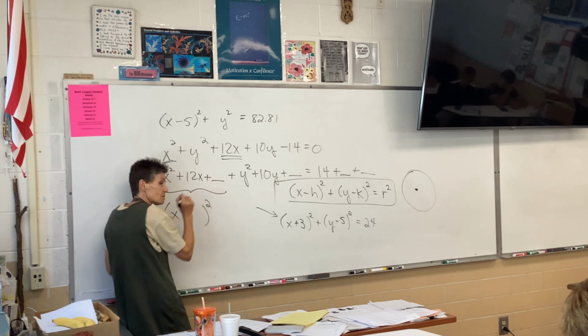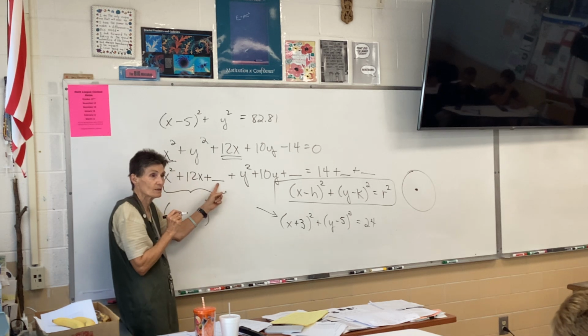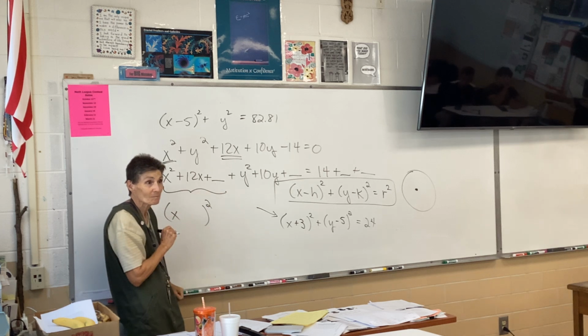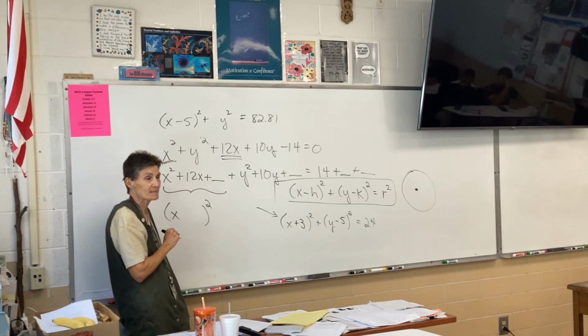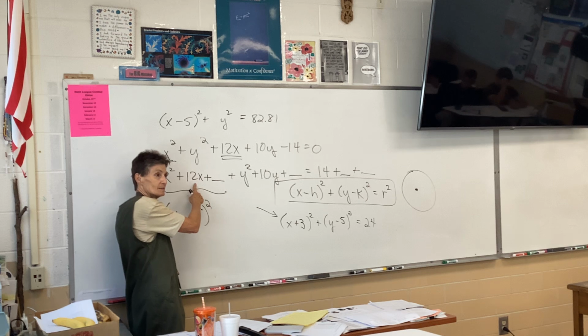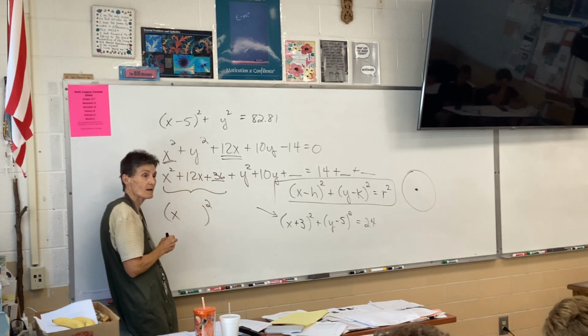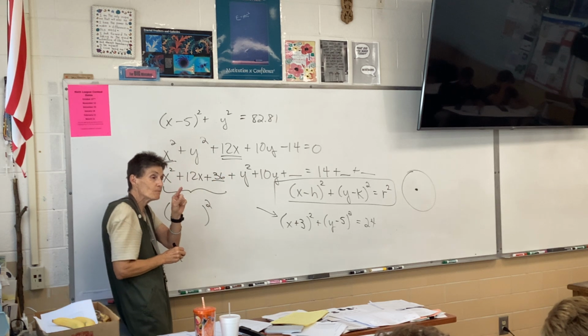Do you remember how to complete the square? Do you remember how to find the number that goes there? How do you do it, Robert? I did 12 divided by 2, and then I squared. Bingo, that's it. You take half of this guy and square it. So half of 12 is 6, squared is 36. So she got her 36 there. And what did that do for her?